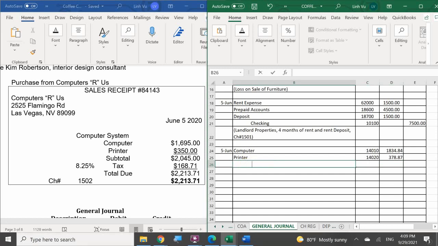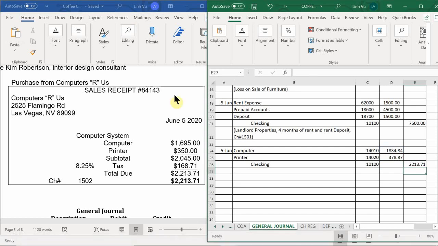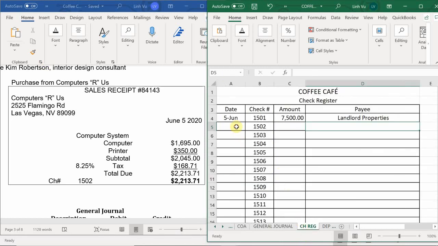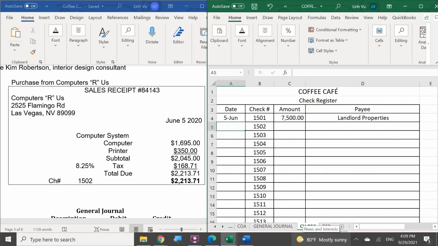So how did I pay? With a check. Yes, you wrote another check for 2,213.71. Correct. Because we wrote another check, we need to go to our check register.